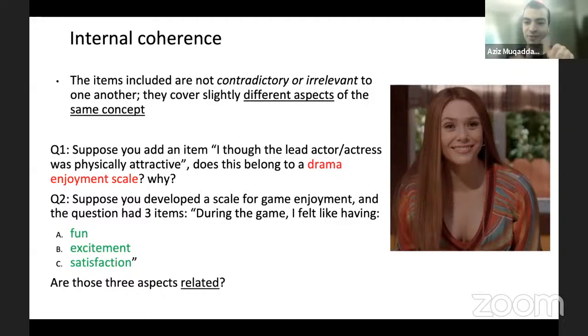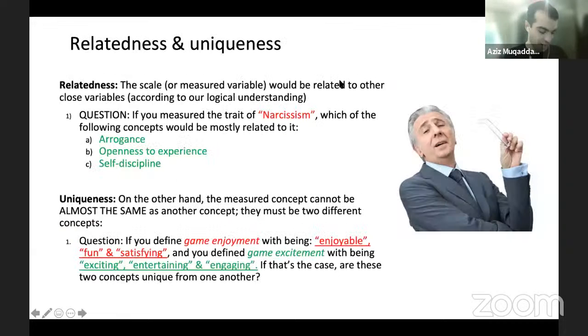You can use thumbs up or down, by the way, guys. Okay, so yeah, the answer is yes. So we can argue that you could add more, but fun, excitement, and satisfaction with the game are all talking about slightly different aspects of the same construct, okay?